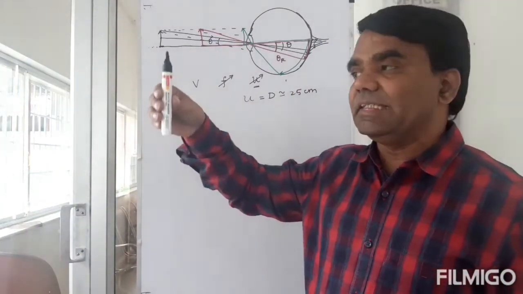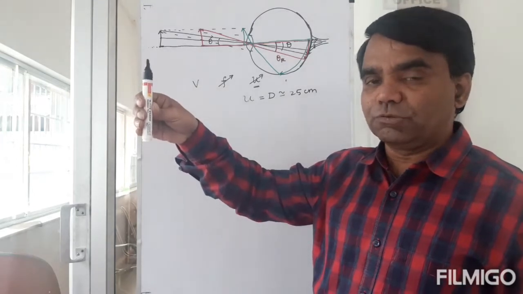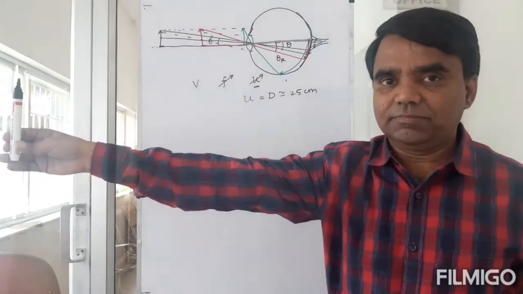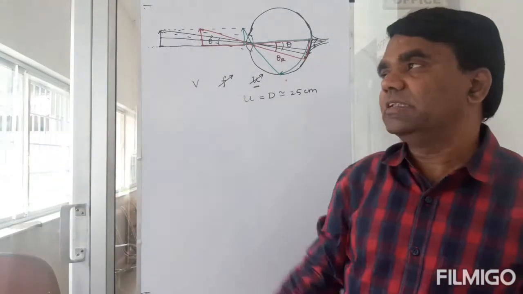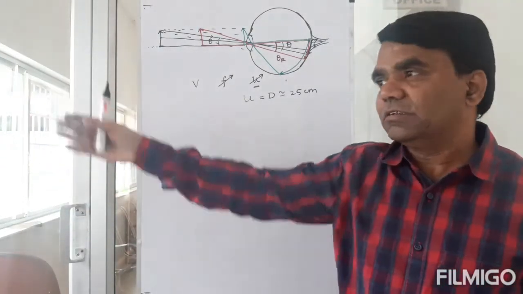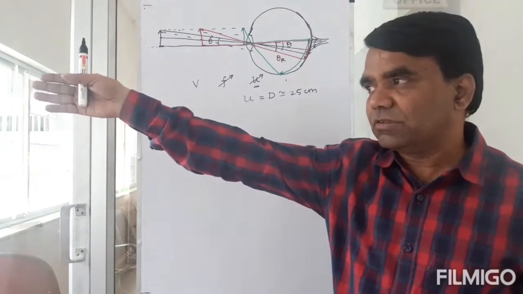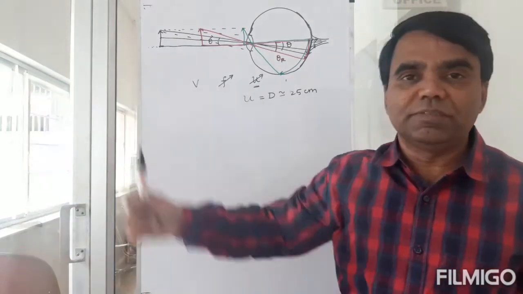I can see things clearly beyond 25 centimeters. I can see the bus in front of me. The school name is written on the bus, and I can read it, maybe 30, 40 feet away from me.